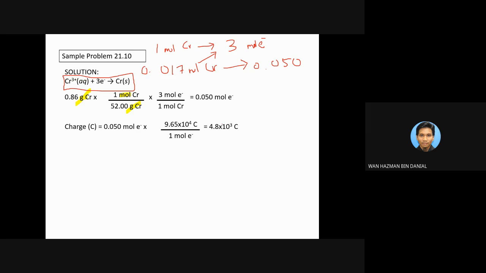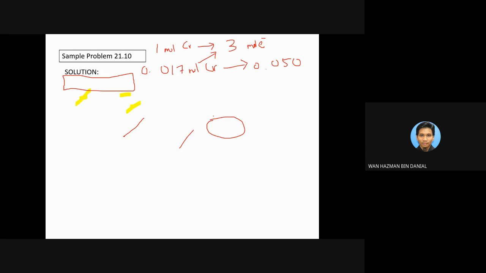The moment you get the mole of electrons, then you multiply with the Faraday constant, which is charge per mole of electrons. You can cancel out the moles of electrons and you get charge. So how do we find current from charge? Divide by time. What was the time? 12.5 minutes.